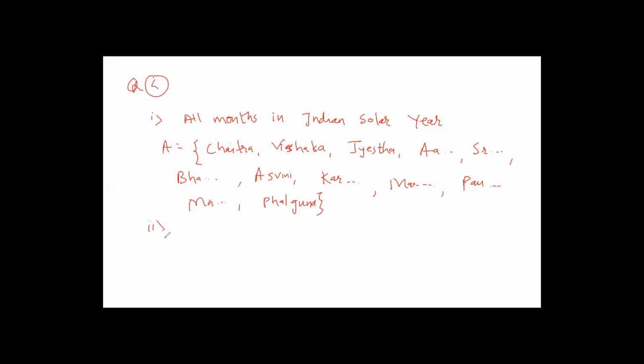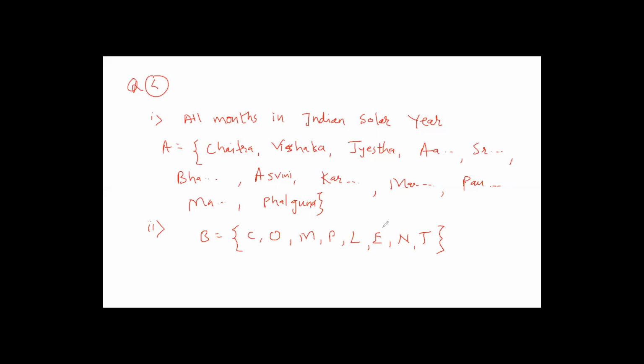Now another example is asked: letters in the word complement. You have to write the set in listing method, the letters in the word complement. So C is there, O, M, P, L, E, N, T. You have to remember one thing, don't repeat the letters.